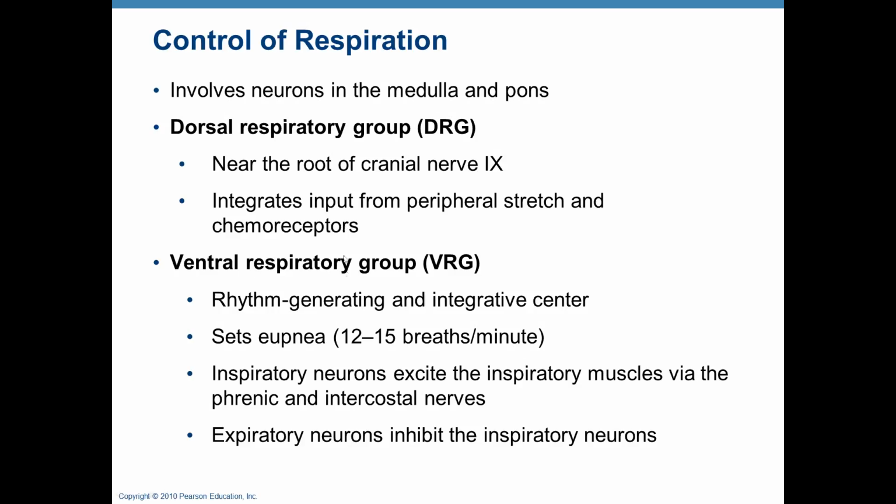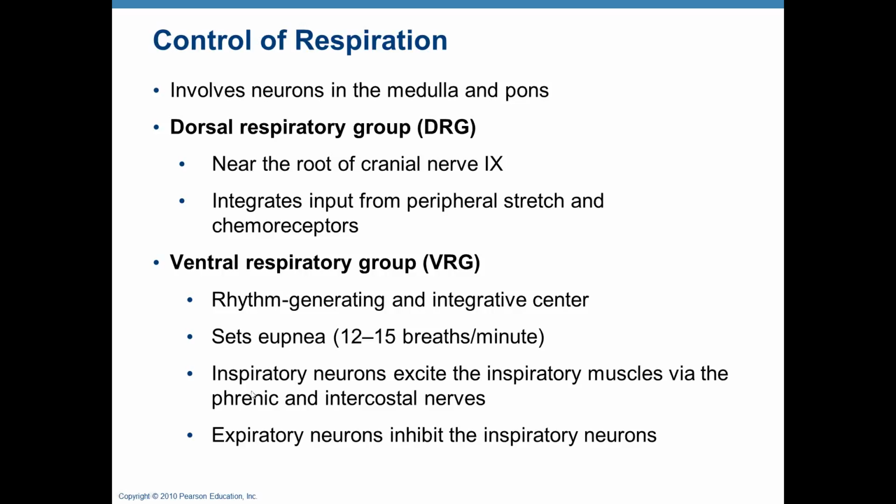And then you have another group of neurons called the ventral respiratory group. These are the neurons that are concerned with setting your breathing rhythm. Eupnea refers to, that prefix EU usually means true, like your true breathing rate, eupnea, which is about 12 to 15 breaths per minute.